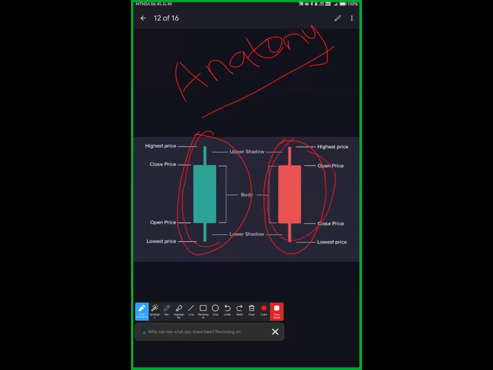The green color represents buyers. Every candle that you see in green represents buyers or buying pressure. We are talking about pressures in the market, market movers, demand and supply.